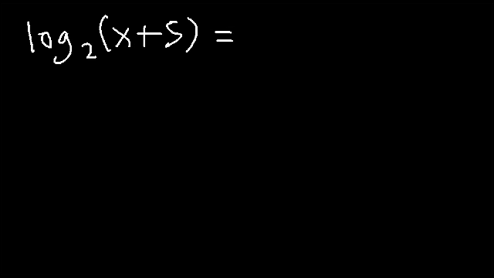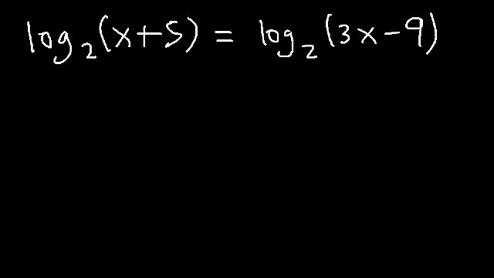Consider this example. Log base 2 of x plus 5 is equal to log base 2 of 3x minus 9. How can we solve for x in this particular example?